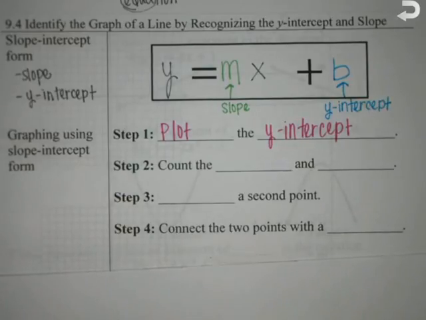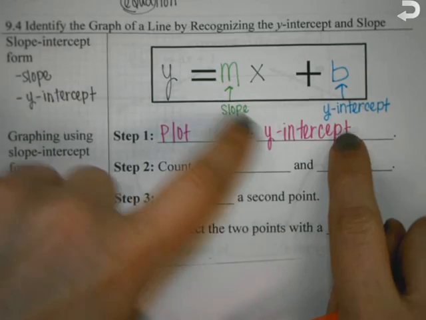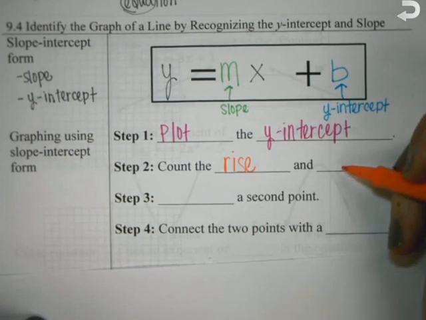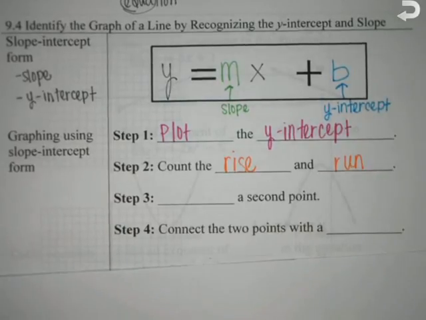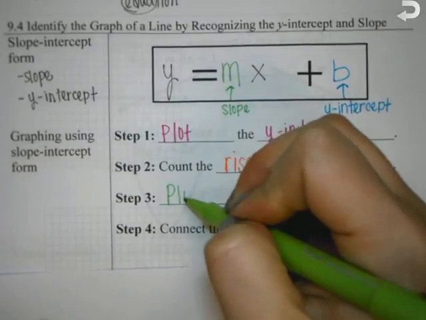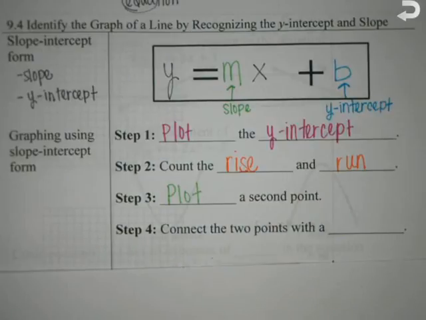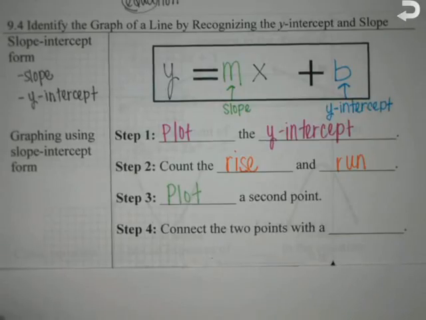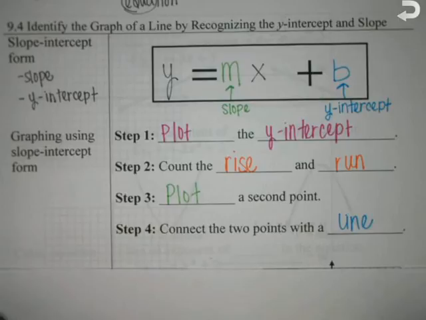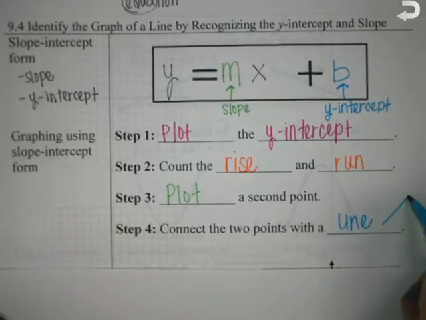Step 2, you are going to use that slope, and from the point that you just plotted, you are going to count the rise and the run from that point. And that's going to give you a second point. So what do we do with that point? We're going to plot it. And then last step, we're going to connect those 2 points with a what? With a line. And what do we always have to make sure we draw at the end of a line? Arrows. You need to extend it, and you need to draw arrows.